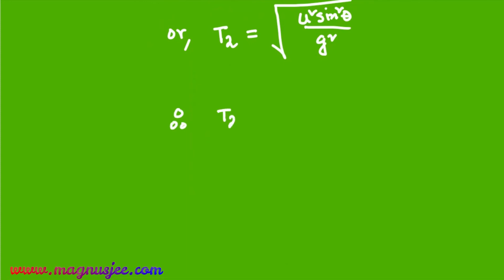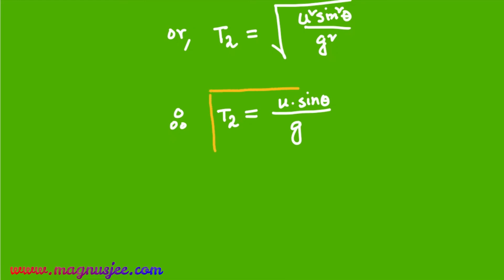Therefore, T2 equal u sine theta divided by g. Not u square sine square theta, it should be u sine theta divided by g.